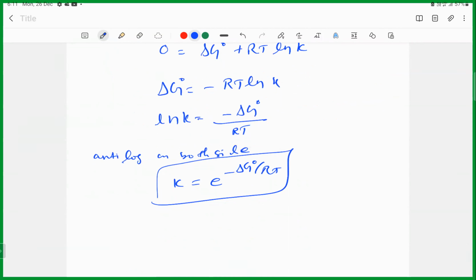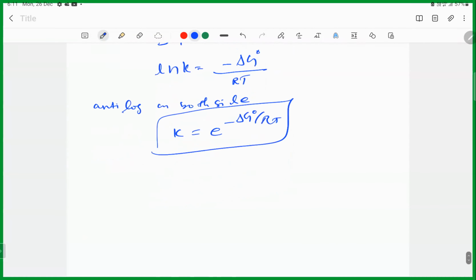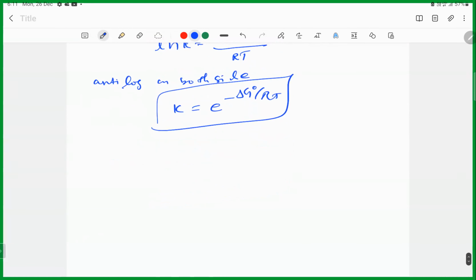So now we have many cases. So delta G0 standard becomes 0. அப்ப 0 ன்னு போட்டா K ஓட வேல்யூ என்னமாகும்? இந்த இடத்துல 0 வந்தா e power 0 ஆயிடும்.